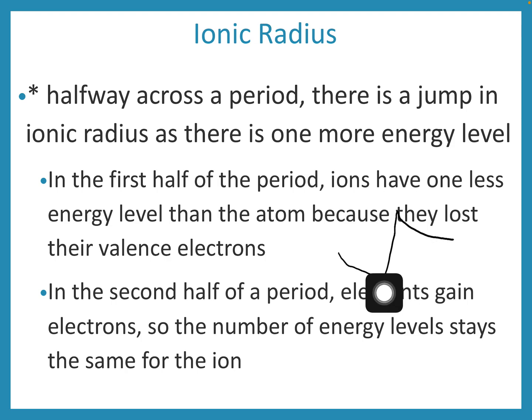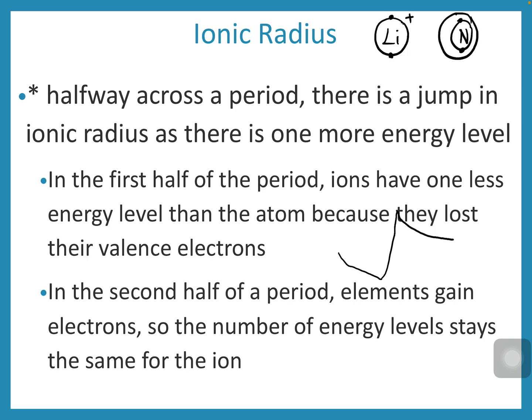So this big jump here is because lithium, which the atom would have 2 layers of electrons, the ion only has 1. And so as we move across the period, once we get to nitrogen, nitrogen had 5 electrons originally, and it is going to gain 3 electrons and then have a charge of 3 minus.